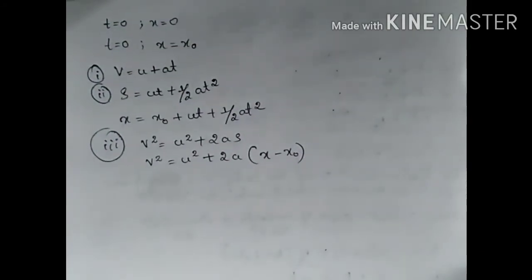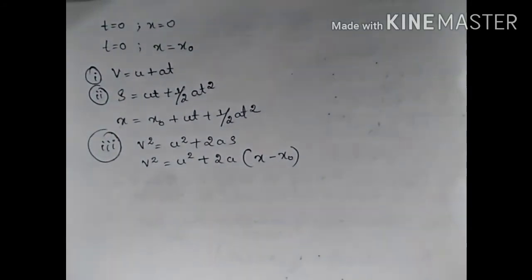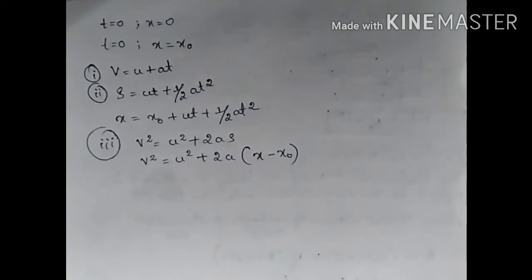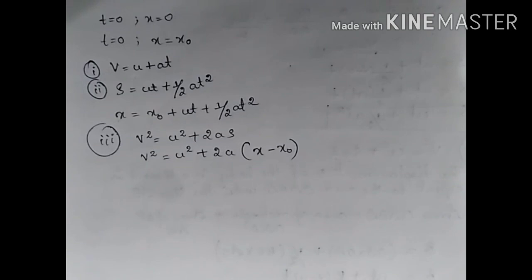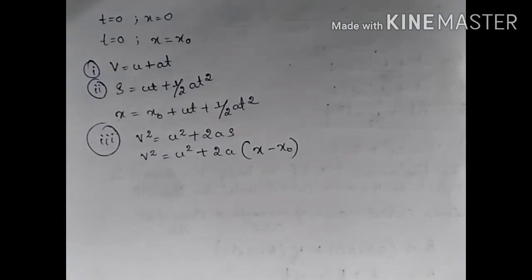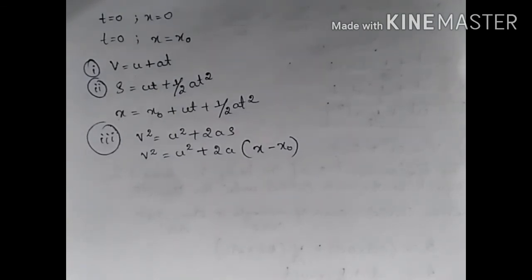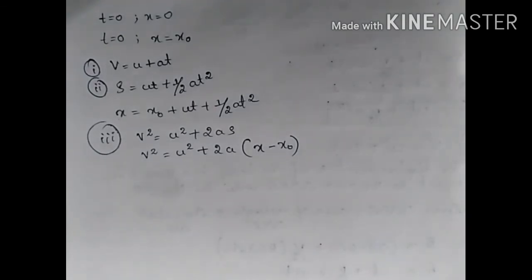So these are the three possible equations when x is not equal to 0 but is equal to x naught at time t is equal to 0. You need to remember these three equations plus the three equations derived earlier. These are the kinematic equations for a body which is uniformly accelerated.